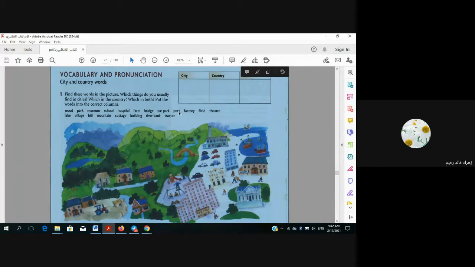Yes, so in both of them. Tractor. Yes. Country. Country.